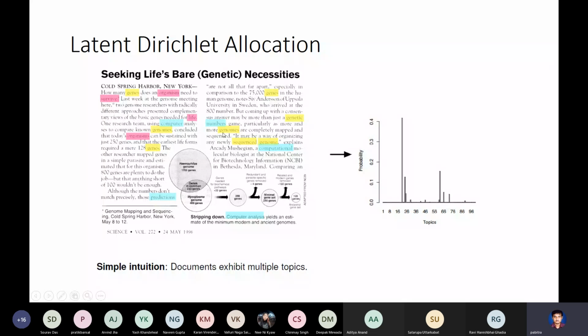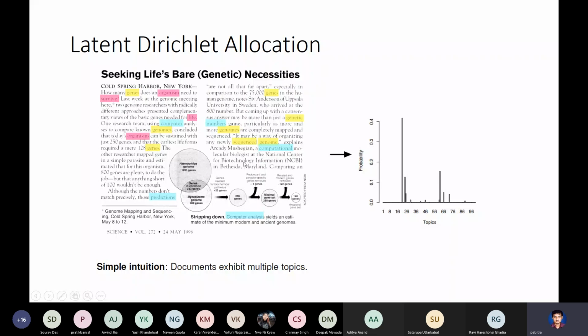And let me explain what it means. As I have said, the basic assumption is that this document will have multiple topics. So let's look at this curve. In the x-axis, I have marked all the topics. Not necessarily all the topics in this document, all the topics in the corpus. So I have marked, say, 96 topics.